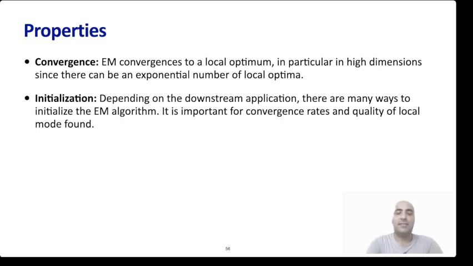One of the factors that affects the convergence rate and also the quality of the local mode is initialization. I said that we can start with random initialization, but based on the downstream application that we are using EM for, we can initialize the parameters more wisely.